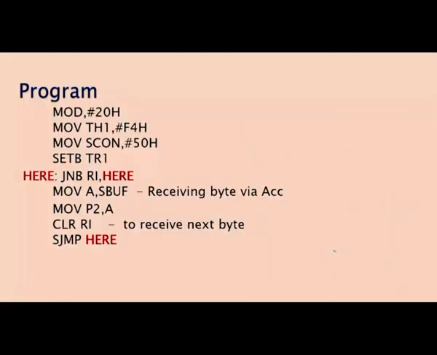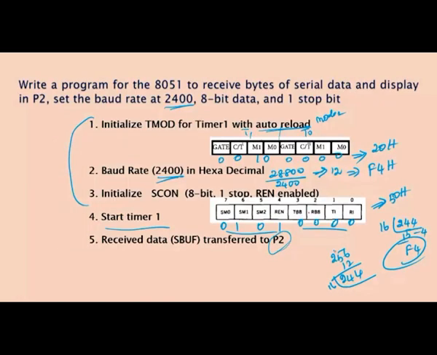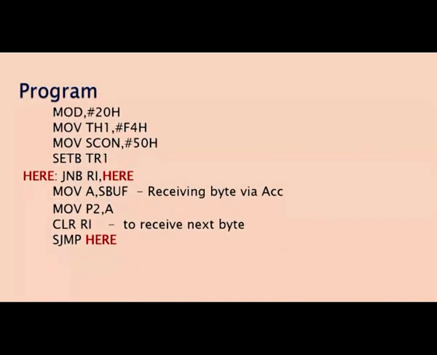So, this is the program what we have calculated in the previous one, right. These 3 values will be initialized. MOV TMOD, #20H. So this symbol represents the hash symbol for immediate data.